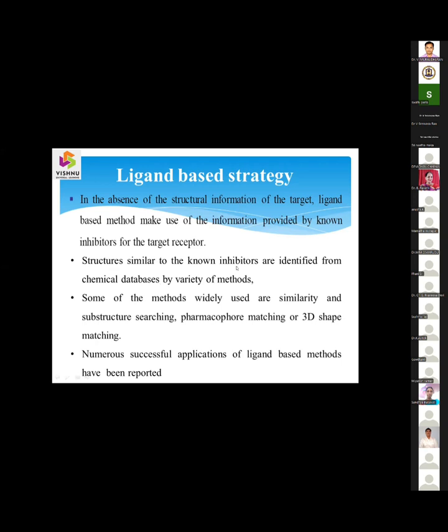Some of the widely used methods are similarity and substructure searching, pharmacophore matching, or 3D shape matching. Numerous successful applications of ligand-based methods have been reported. So without knowing the structure of our target, just by knowing the similar structures or substructures, pharmacophore matching, or 3D shapes, we can design a new molecule by all these strategies.